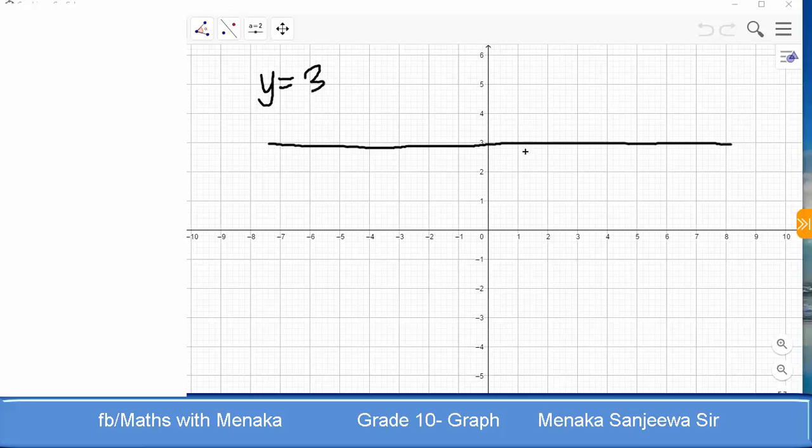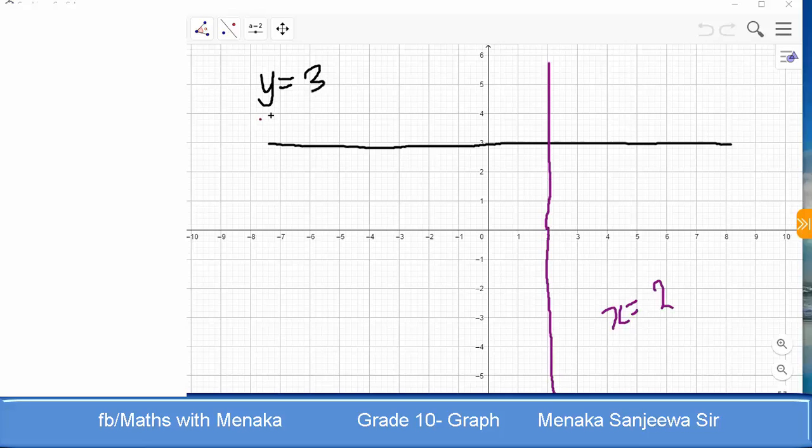This is y equal 3. If I say x equal 2, how can you do it? You can just draw it parallel to the y-axis and going through 2 on the x-axis. Understand? We have done those things.